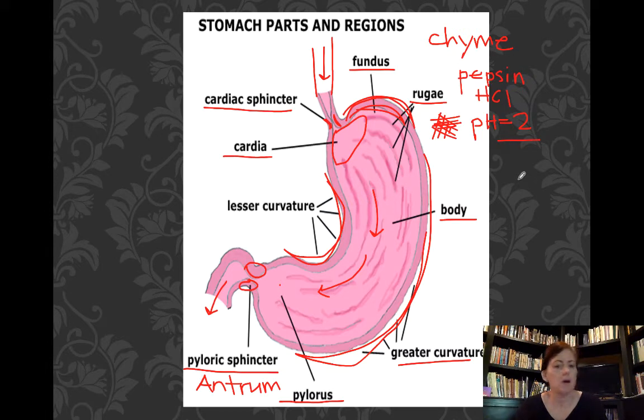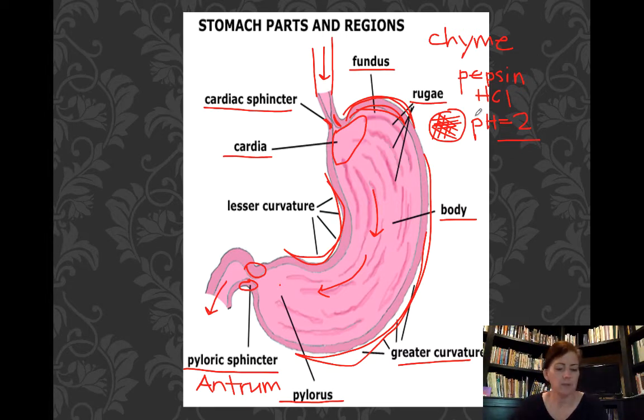In terms of mechanical digestion, because of these layers of muscle in the stomach, we do have quite a bit of mechanical digestion going on. We've got a lot of churning of the stomach, and so that's happening as well to create that chyme.